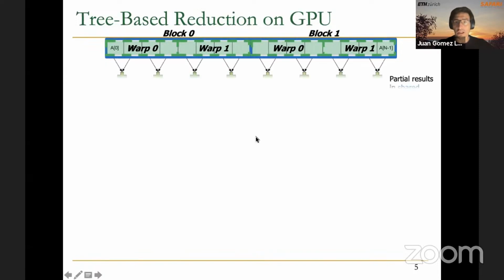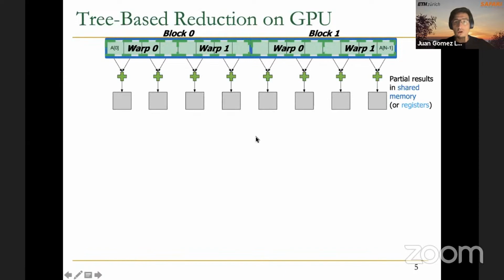And then we can start the execution. First of all, we will have some threads adding pairs of values and storing these partial results in some temporary storage, for example, the shared memory or the registers that we find in the GPU cores or streaming multiprocessors.